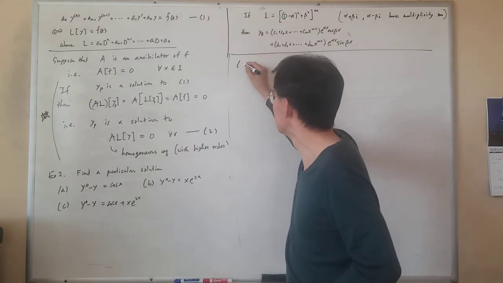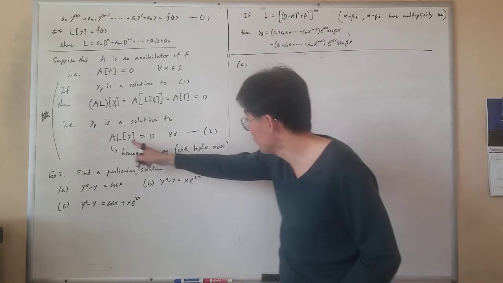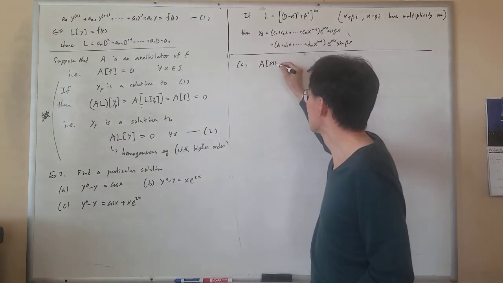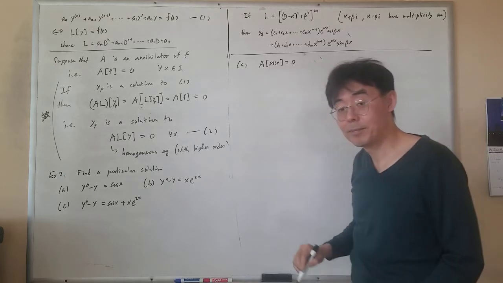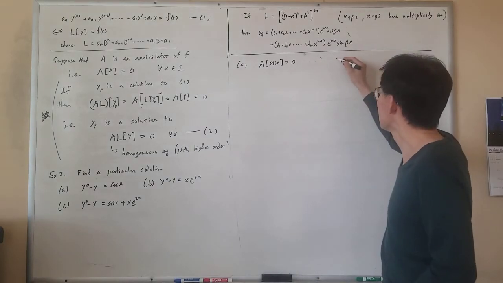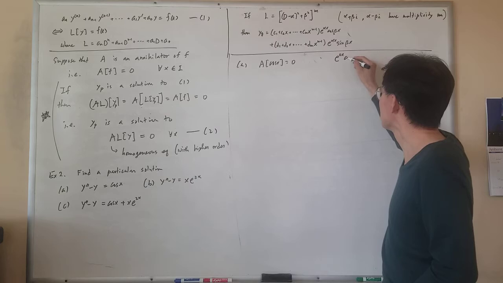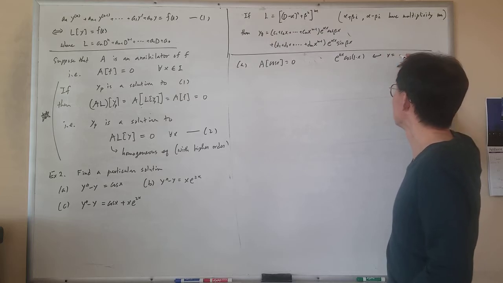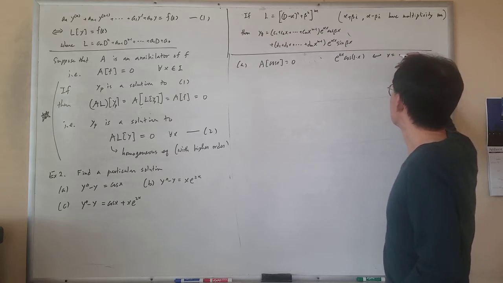So we have to find A. Which one kills cosine of x? Think about it. Cosine of x is e to the 0x cosine 1x, so it corresponds to r equals 0 plus minus i.